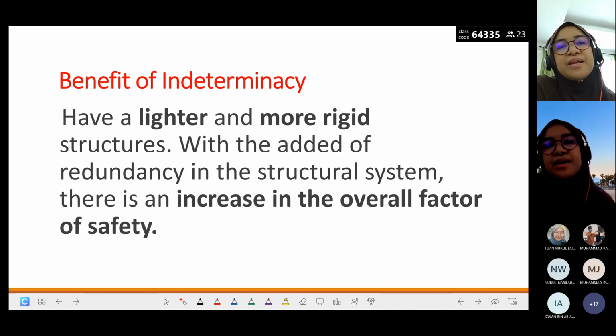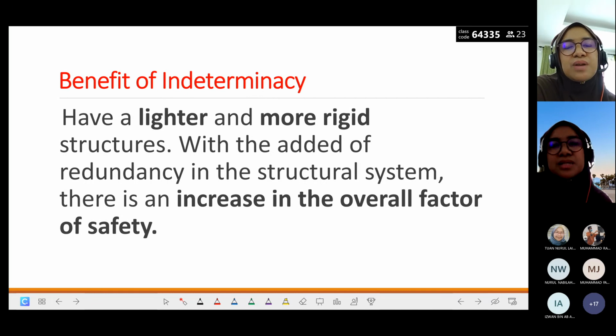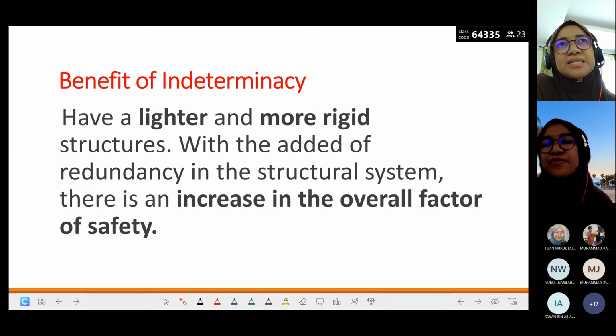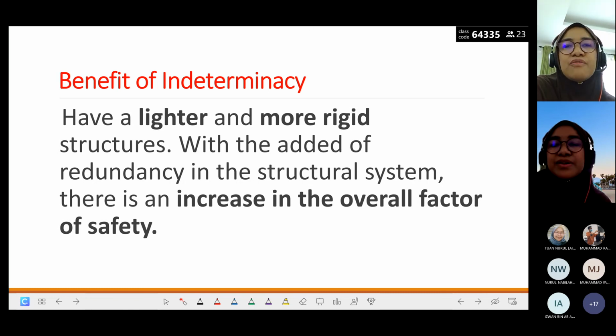Next, the benefit of having an indeterminate structure: a lighter and more rigid structure. The stiffness, the stiffer structure just now, also refers to the rigid condition of the structure, because when the structure is more rigid, of course, it will have less displacement. And with the added redundancy in the structural system, there is an increase in the overall factor of safety.